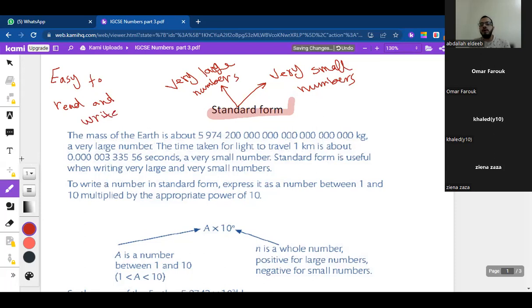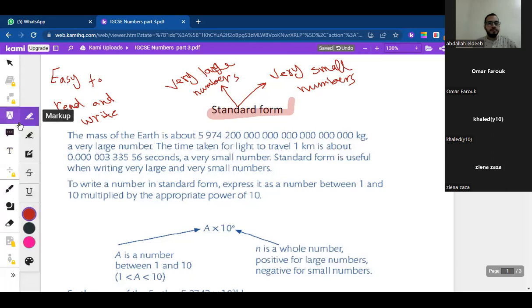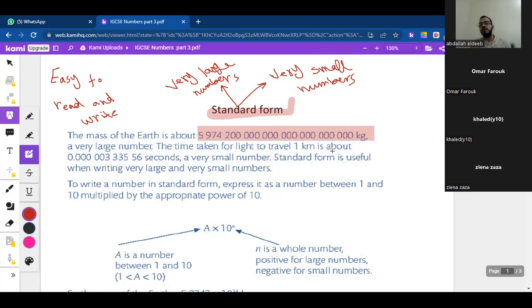So if you have a very big number like this number, this is the mass of the earth, and I ask you to read it or to write it, it's difficult. Okay? So we use the scientific notation or the standard form to express this number.